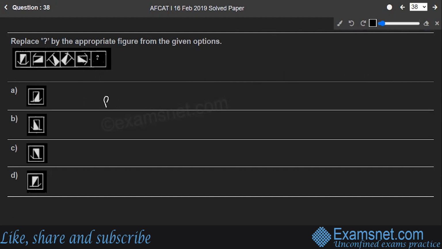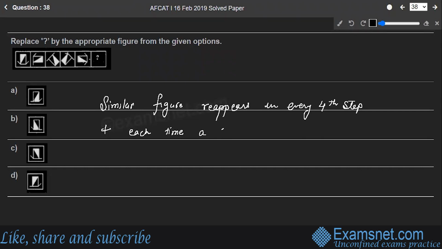I will rewrite: similar figure reappears in every fourth step, and each time a figure reappears, it rotates through 90-degree anti-clockwise.